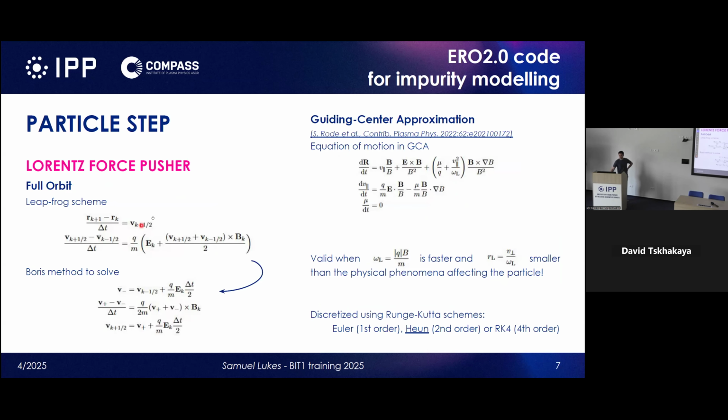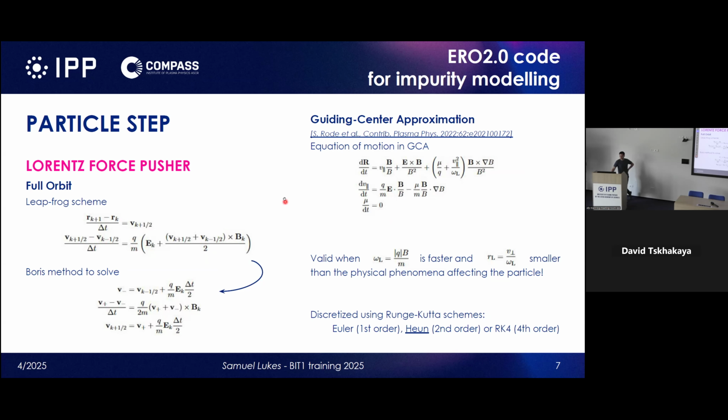Yeah, and now to some numerical physics. So here, just so that you can somehow relate to the BIT code, I imagine, because we use, I at least hope so, the same scheme, the Boris method, to solve the leapfrog scheme. So I hope that you are all familiar with that.